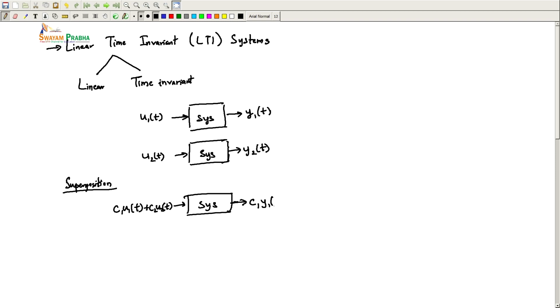So we should get output signal as C1 y1 plus C2 y2. And if a system follows this, then it is called a linear system.